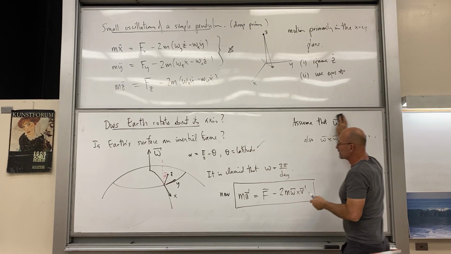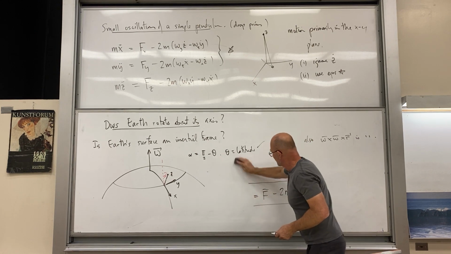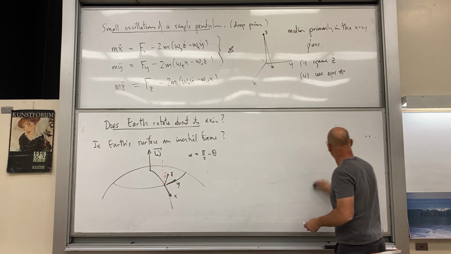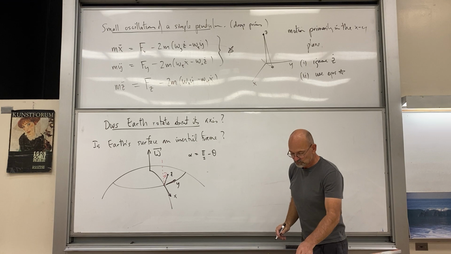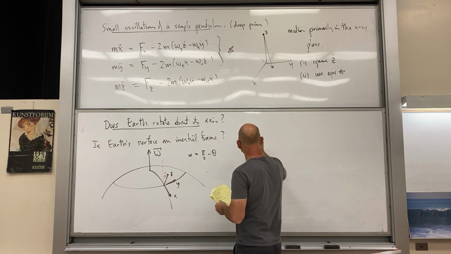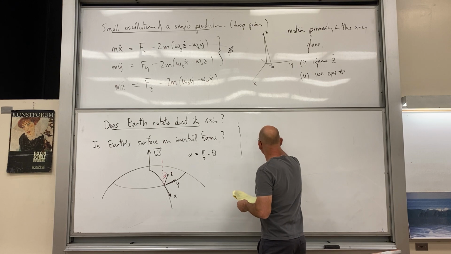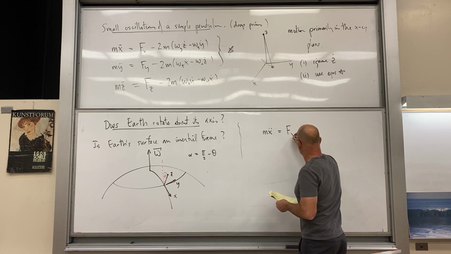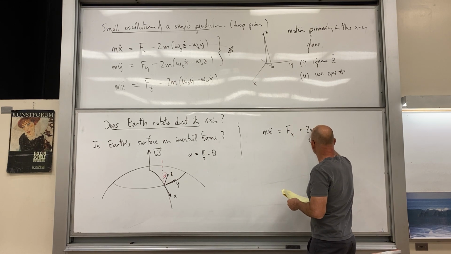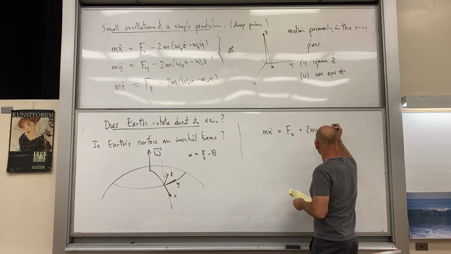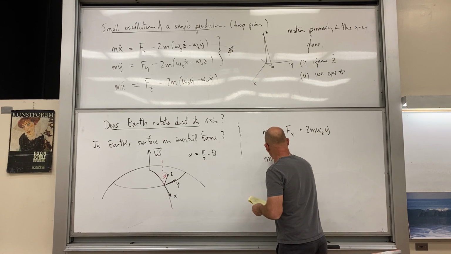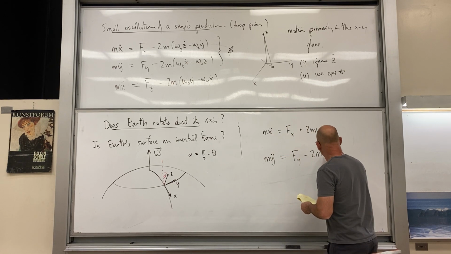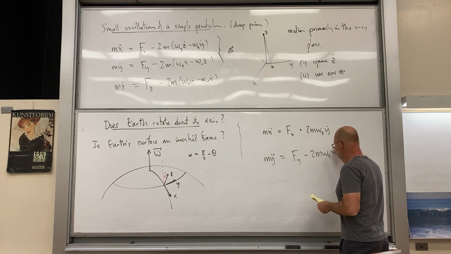I'll leave that picture and just open up this half of the board. So here's what we're going to have. m x second derivative is equal to Fx plus 2m omega z y dot, and m y second derivative is Fy minus 2m omega z x dot.